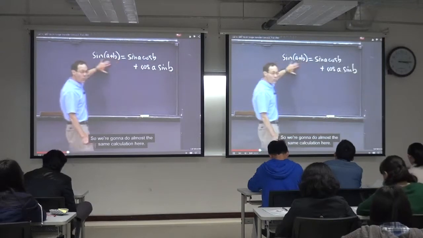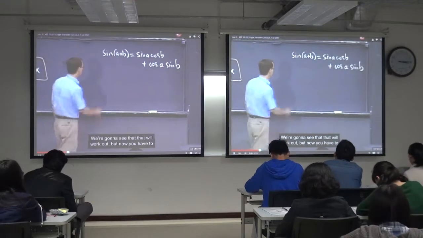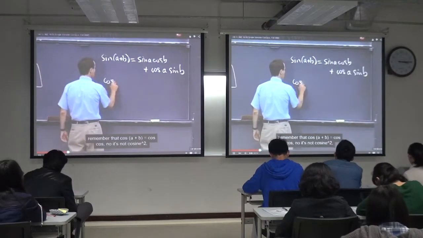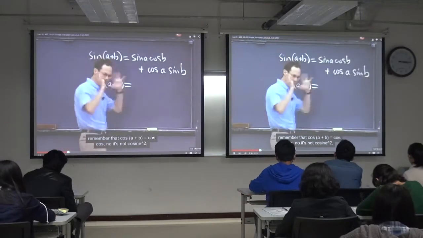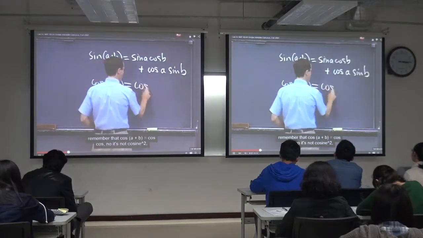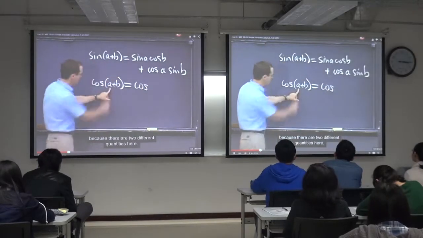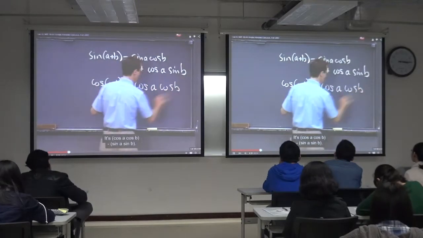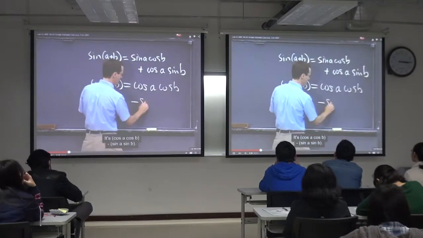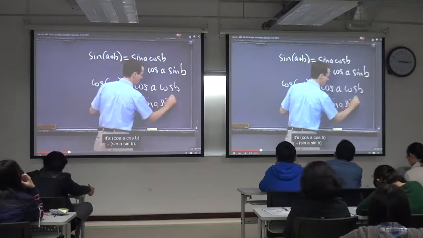So we're going to do almost the same calculation here. But now we have to remember that cosine of A plus B is equal to cosine A cosine B, minus, here's the minus sign, sine A sine B.